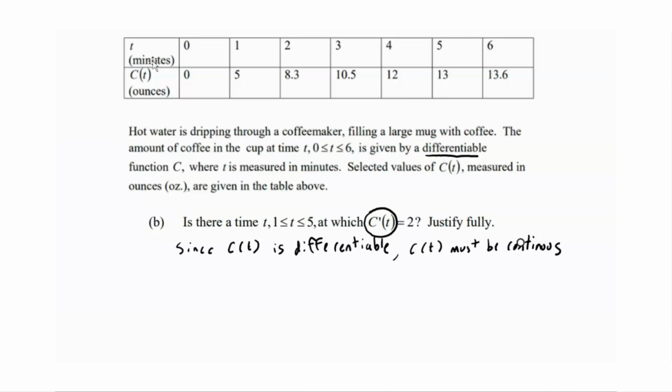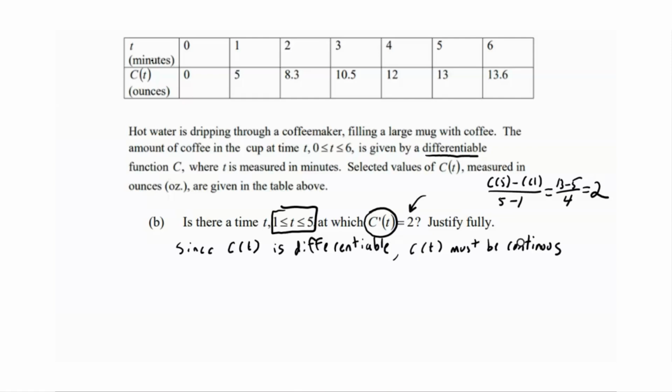And then we want to look at the interval that we're given. So we're given the interval 1 to 5. Well, if I take the average rate of change from 1 to 5, let's do this over to the side here, c of 5 minus c of 1, divided by 5 minus 1, is going to equal 13 minus 5 over 4, which equals 2, which is what we're trying to prove.